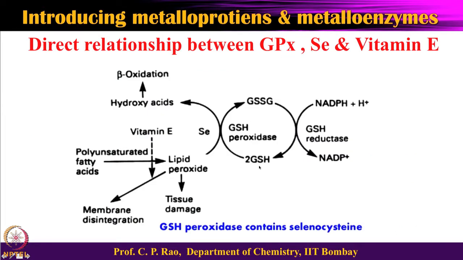Now, look at this particular cycle, which will tell you the connectivity between the GPx, the selenium, and the vitamin E. So, at the selenium center, the lipid peroxides will always damage, okay, and this will convert selenium into hydroxy acids, oxidation, etc., and here the membrane disintegration will happen because of the lipid peroxidation of the lipid.